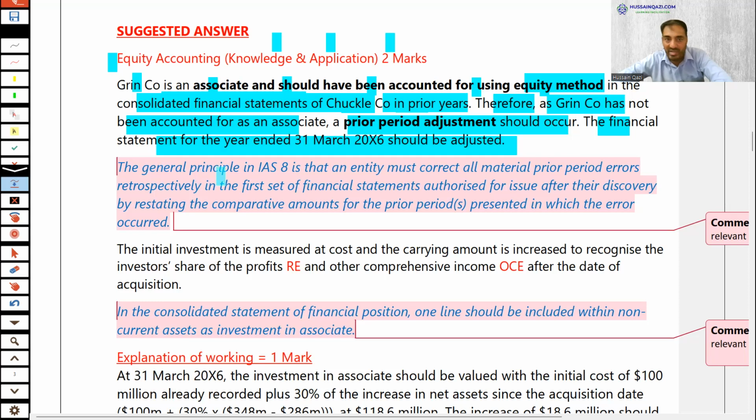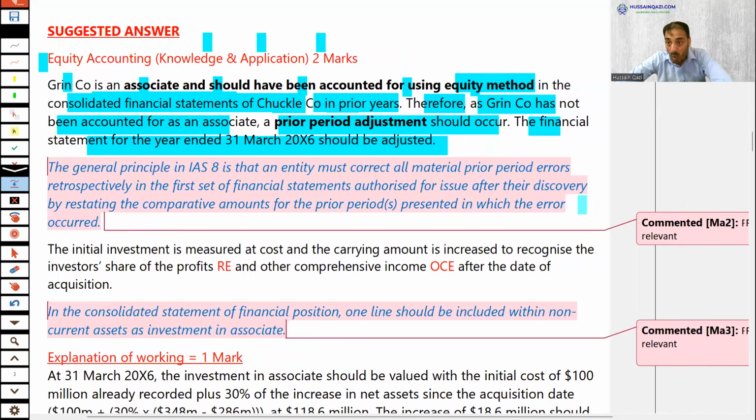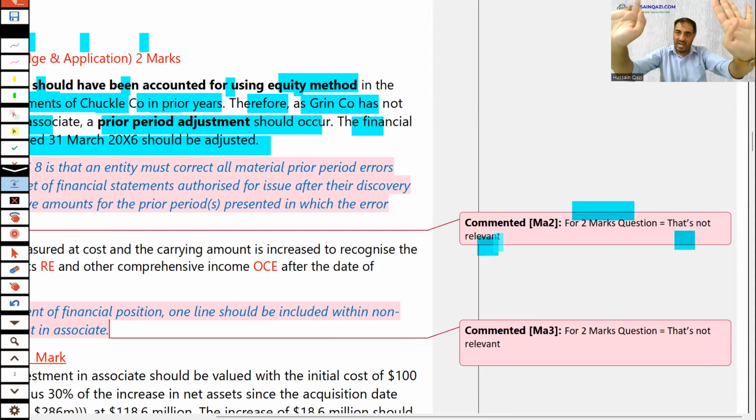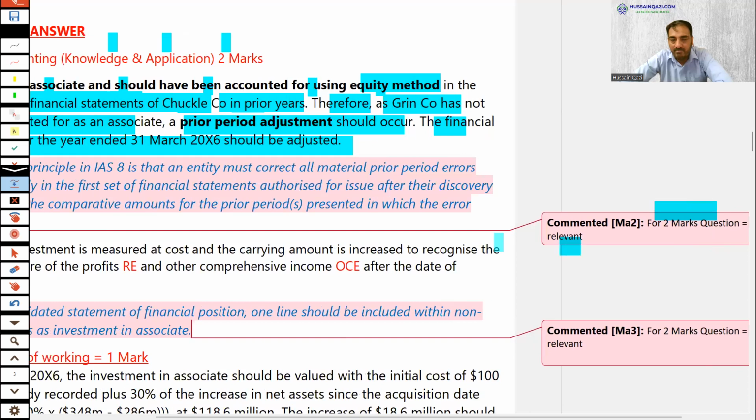For example, the general principle of IAS 8 is that an entity must correct all material prior period errors retrospectively in the first set of financial statements authorized for issue after their discovery, by restating the comparative amounts for the prior periods presented in which the error occurred. I don't think this is relevant for a 2 marks question. If the requirement is 6 marks, then you have to refer to this part.